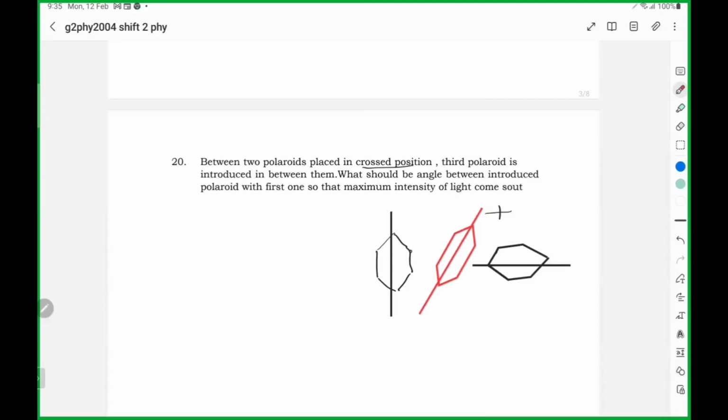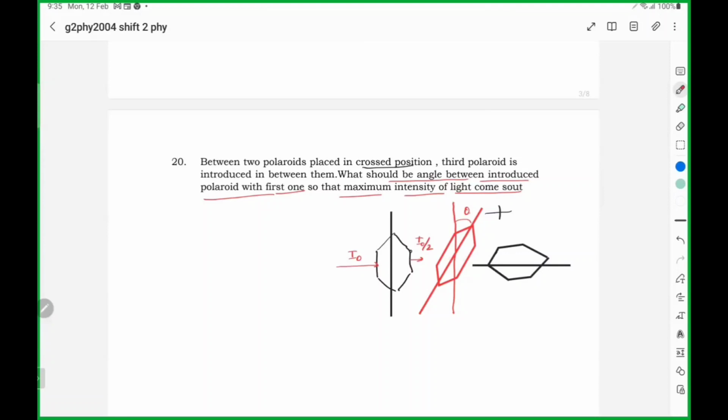So this one will be at an angle. What should be the angle between the introduced polaroid and the first one, that is theta, so that maximum intensity of light comes out? When unpolarized light passes through the first polaroid, the intensity when it comes out of the polaroid is I naught by 2.